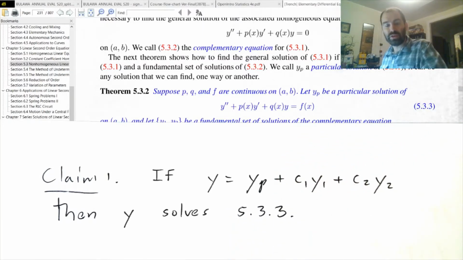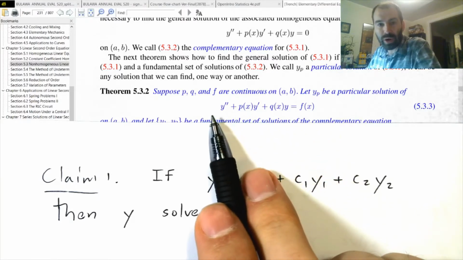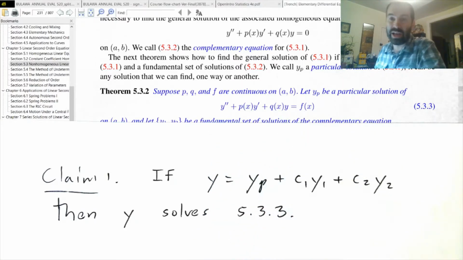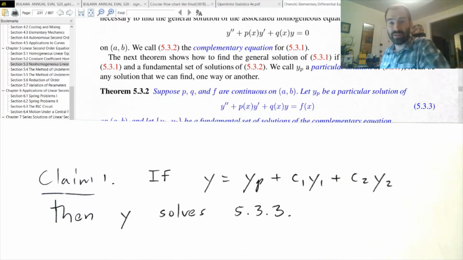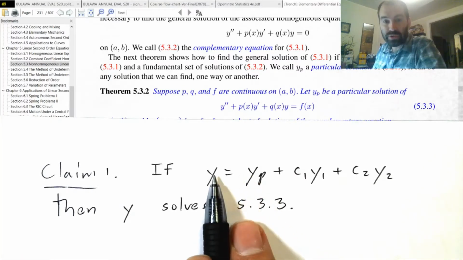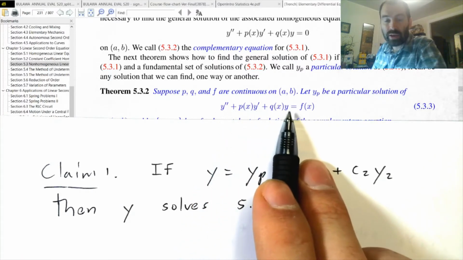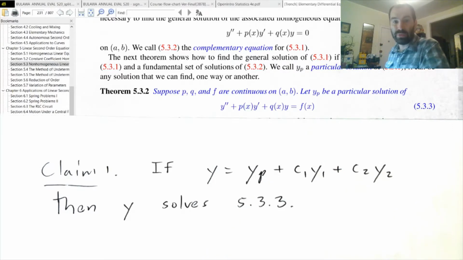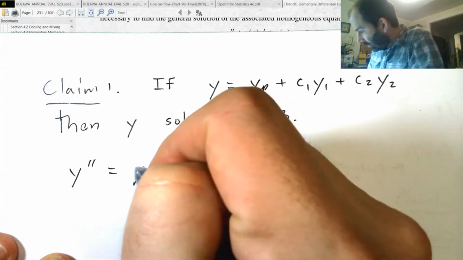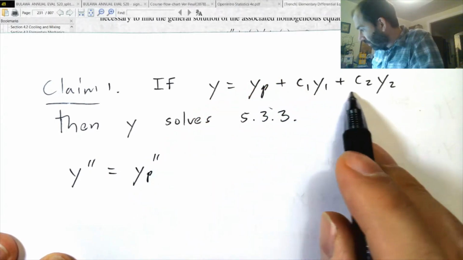So let's make sure it works. How do I know that something solves this? Well, when I plug it in on the left-hand side, I should get f as the answer. So let's check it. We need to compute two derivatives of y, and one derivative of y, and then we already have y. I'm going to take two derivatives of each one of these functions.